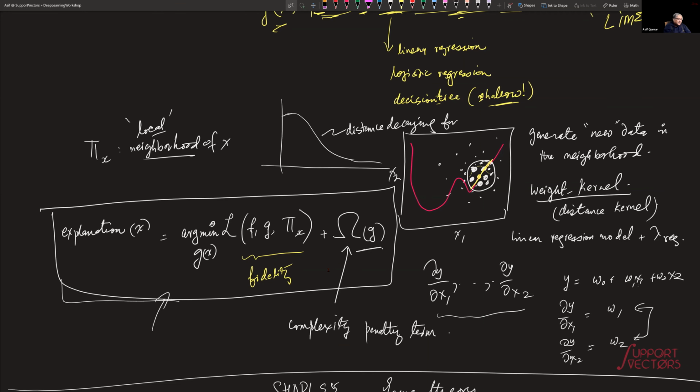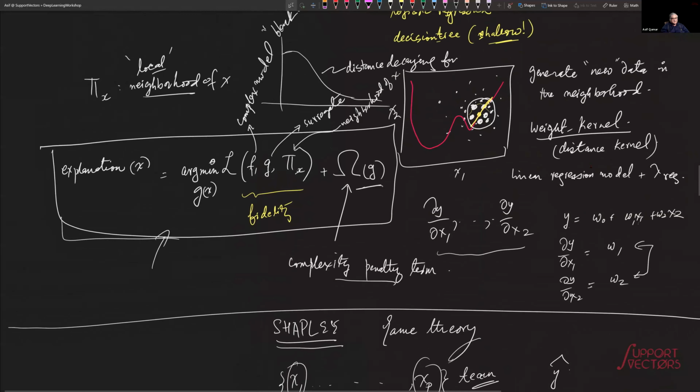So let me just give it: this is the complex model, the black box. This is your surrogate. This is the neighborhood. This is x, right? And this is the complexity term. So I hope the line is clear now.